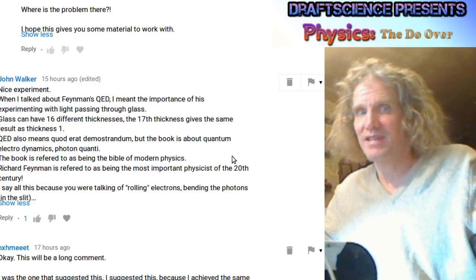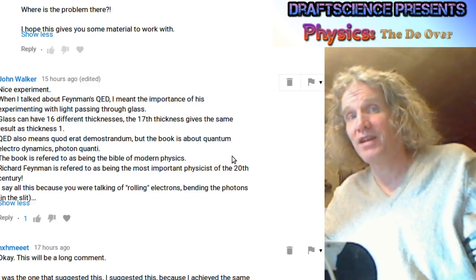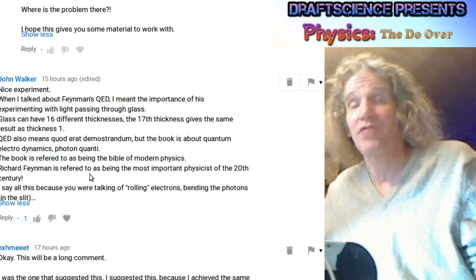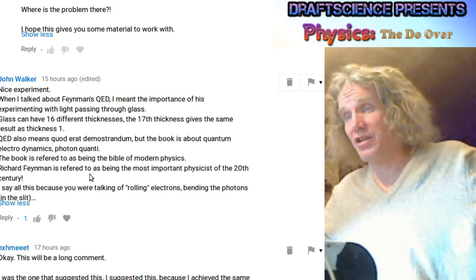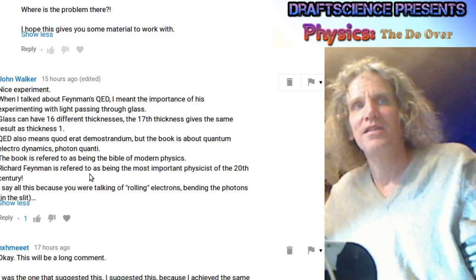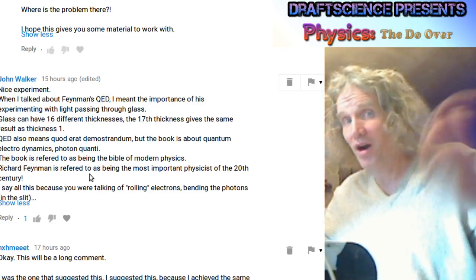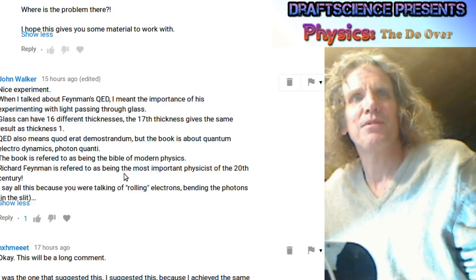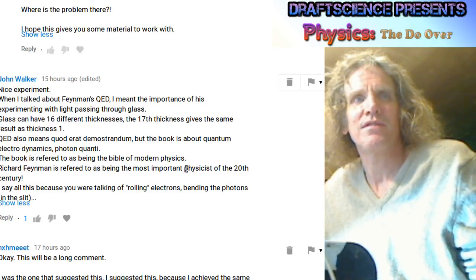Feynman explicitly says in that book that photons are particles. He says, I wish I could undo everybody's education, where they have this stupid wave notion. He says basically they're particles. Okay, and yes, they do a wavy thing. Richard Feynman is referenced as being the most important physicist of the 20th century.